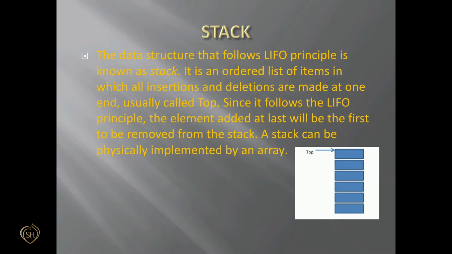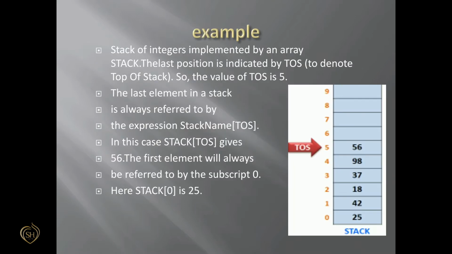A stack can be physically implemented by an array. All the data structures which follow the LIFO principle are known as stacks. Here we have a top position where we can insert items and also remove items.